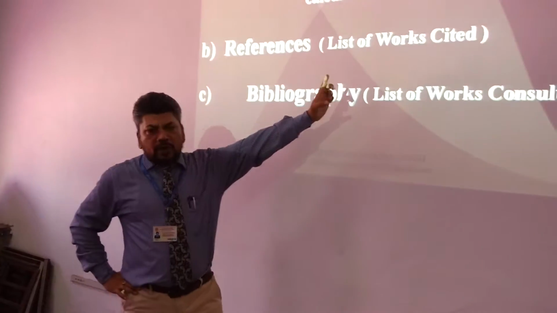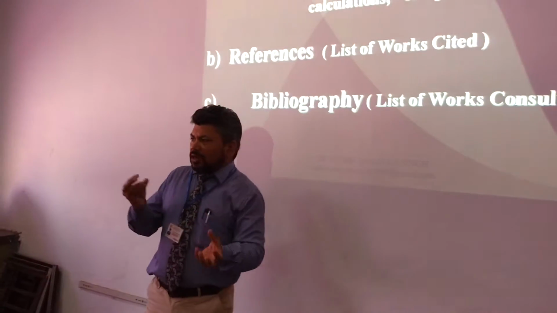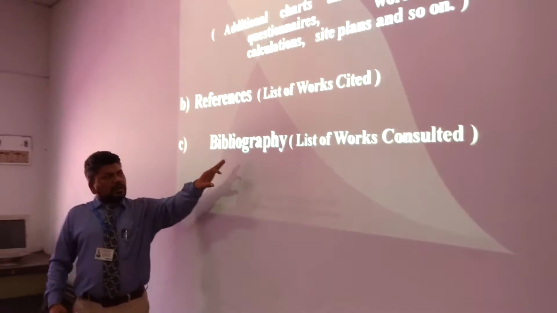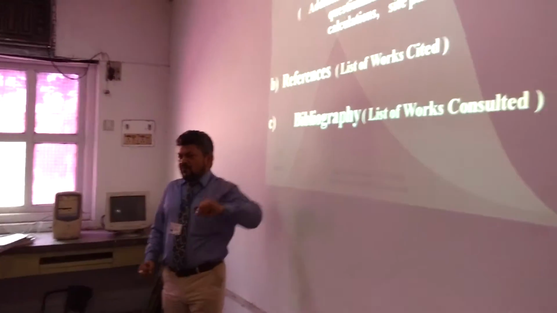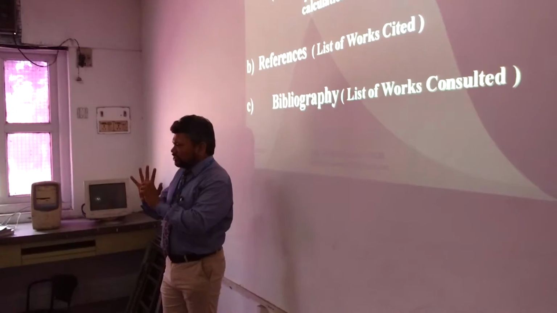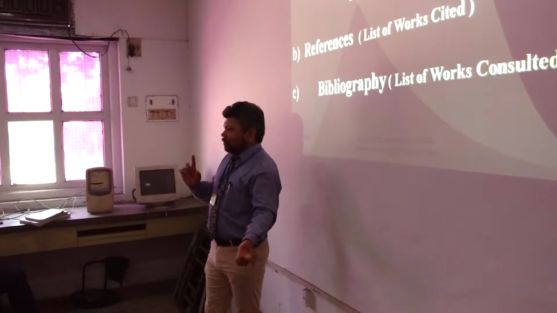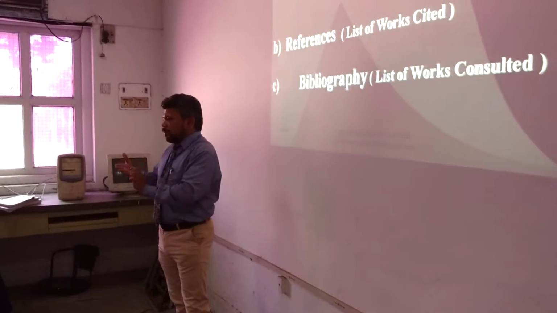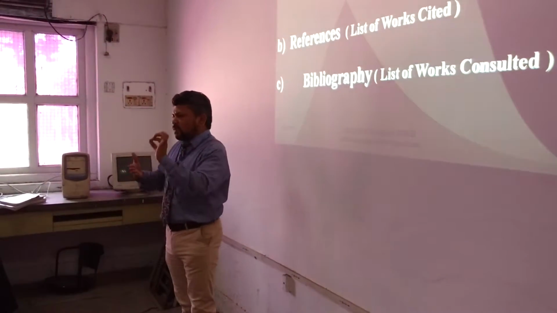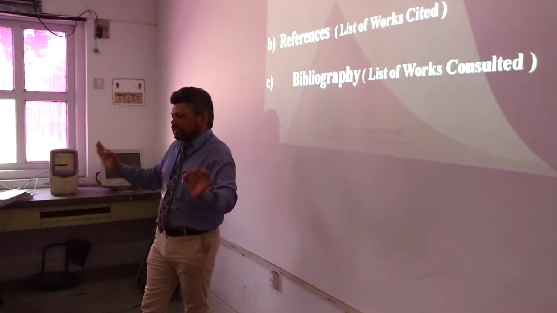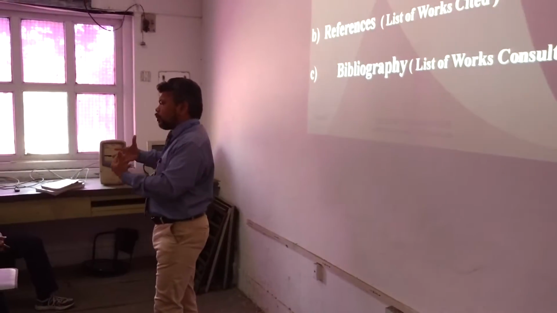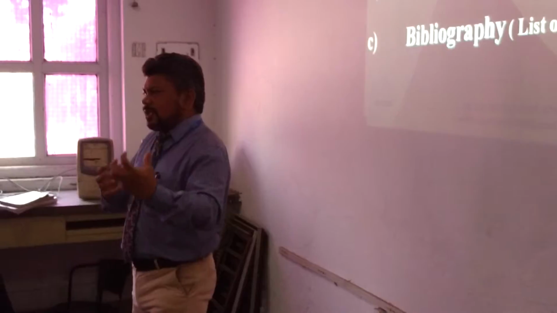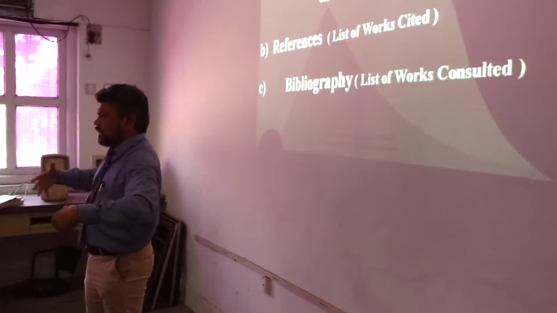References is the list of works cited where the direct borrowing is done. At the same time, bibliography is the list of works consulted. Citation may or may not be there. It means in the process of preparing the report and data collection, the reporter has gone through so many things as a part of data survey.